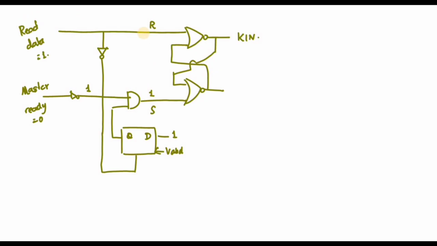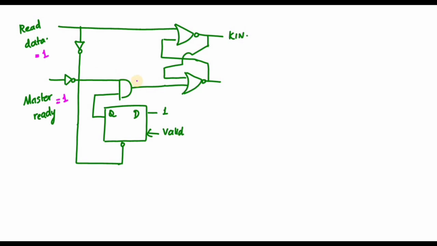So the set pin is 1 and the reset pin is initially 0, so you will get K in equal to 1. This means the KBD data gets updated. Whatever key gets pressed will be stored in the KBD data.